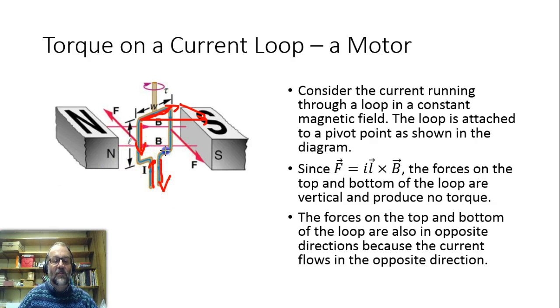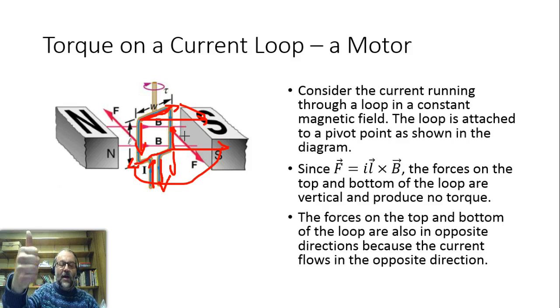Along the bottom, the current is this way, and the magnetic field is still that way, and I cross B indicates that the force on this is upward. So we have a downward force on the top, we have an upward force on the bottom, those are the same, so the total force vertically cancels out.